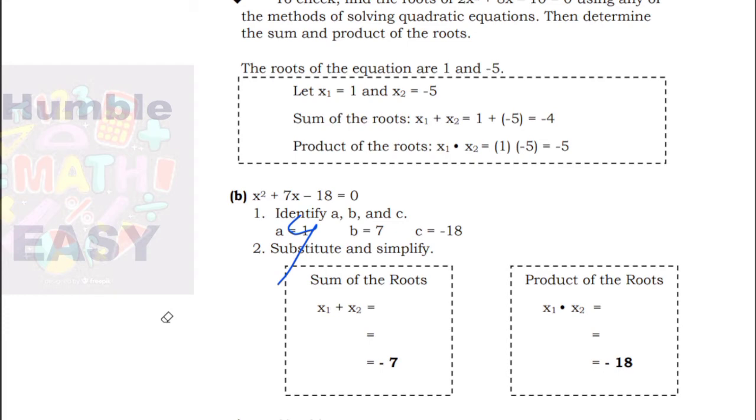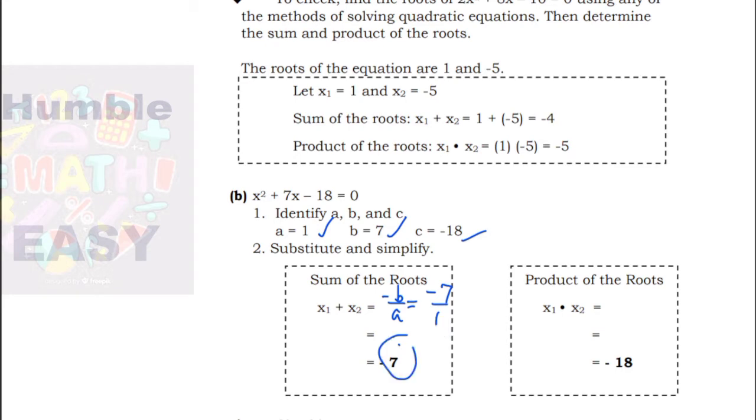So we now have here a is 1, b is positive 7, and c is negative 18. So in this case, we now have negative b over a, so we come up with negative 7 over 1, and we have here negative 7.